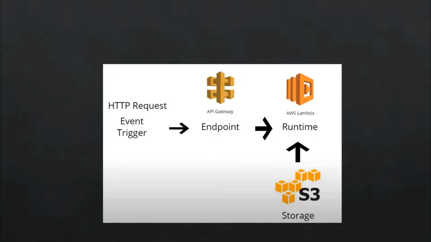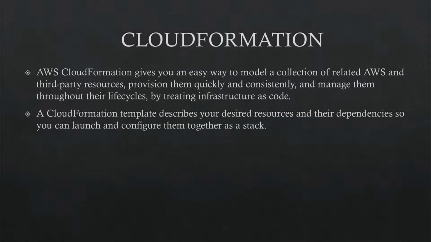Now, we are going to need a template or code to store all of this infrastructure, and we are going to do it with the help of CloudFormation. CloudFormation gives you an easy way to model a collection of related AWS and third-party resources, provision them quickly and consistently, and manage them throughout their life cycles by treating the infrastructure as code.